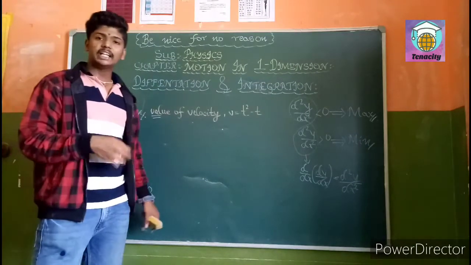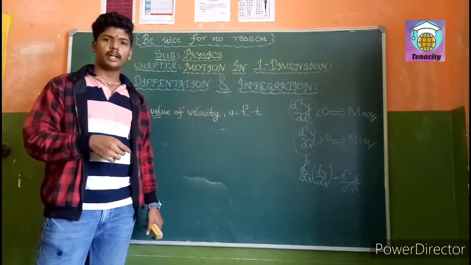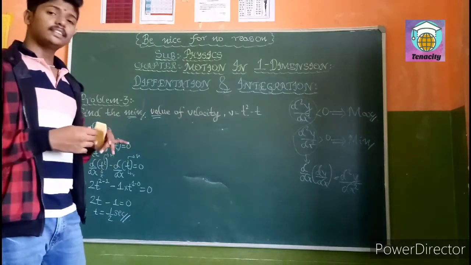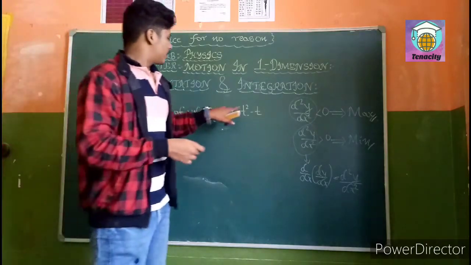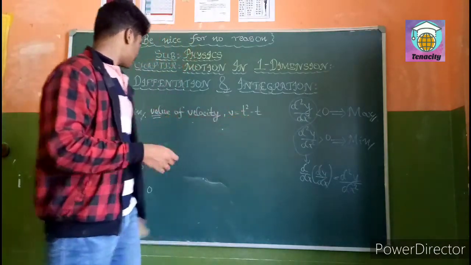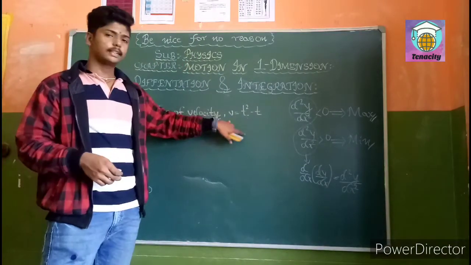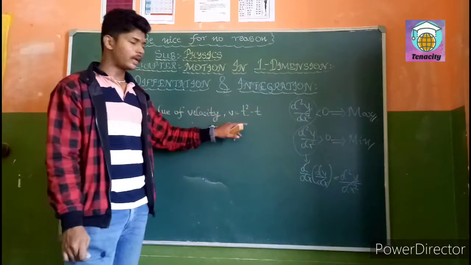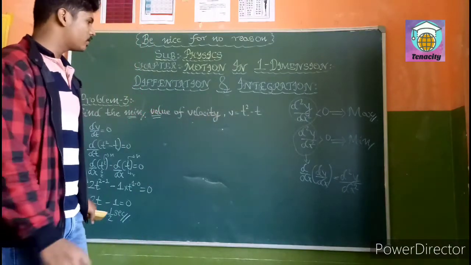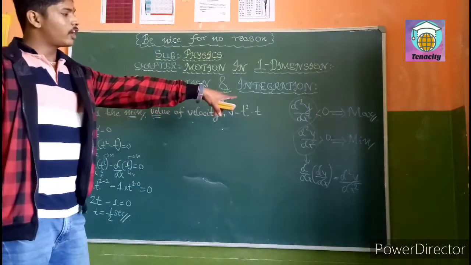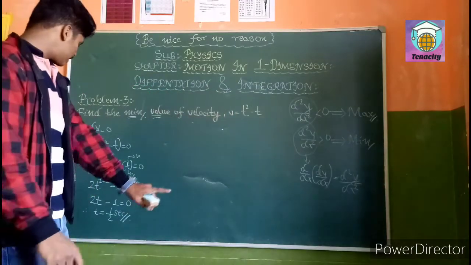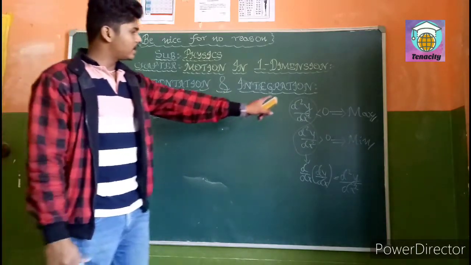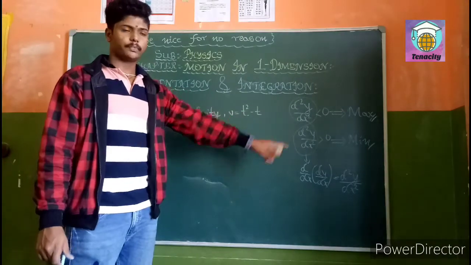It may be either a maximum value or a minimum value. To check this, we should not substitute the value of t first. First we have to see whether d square y by dx square is greater than 0 or less than 0.